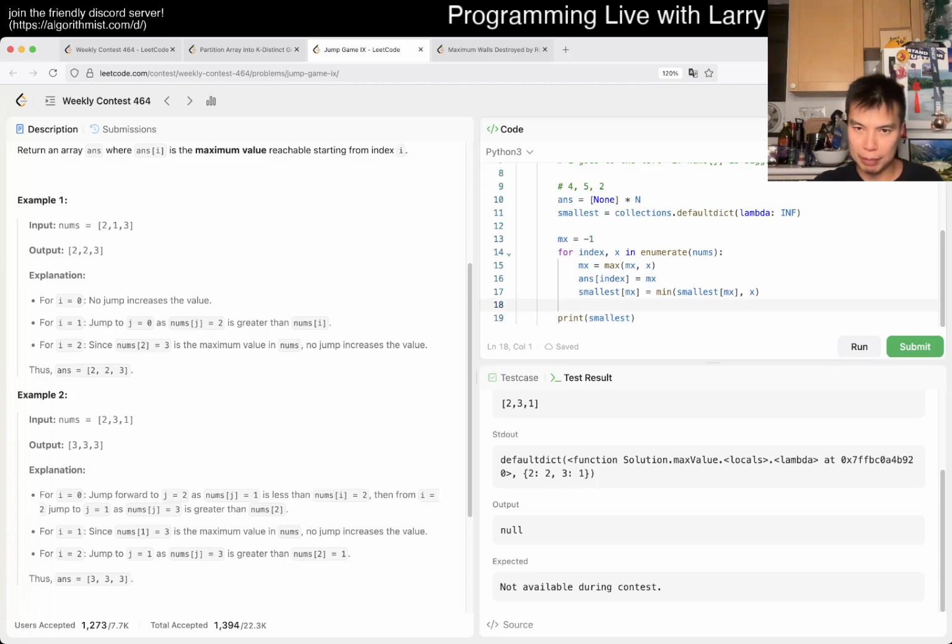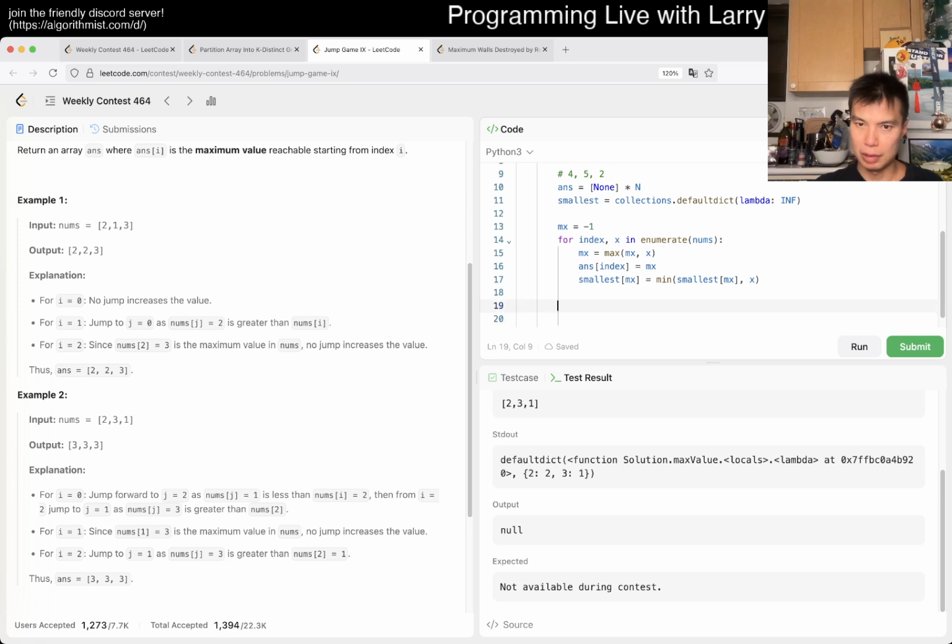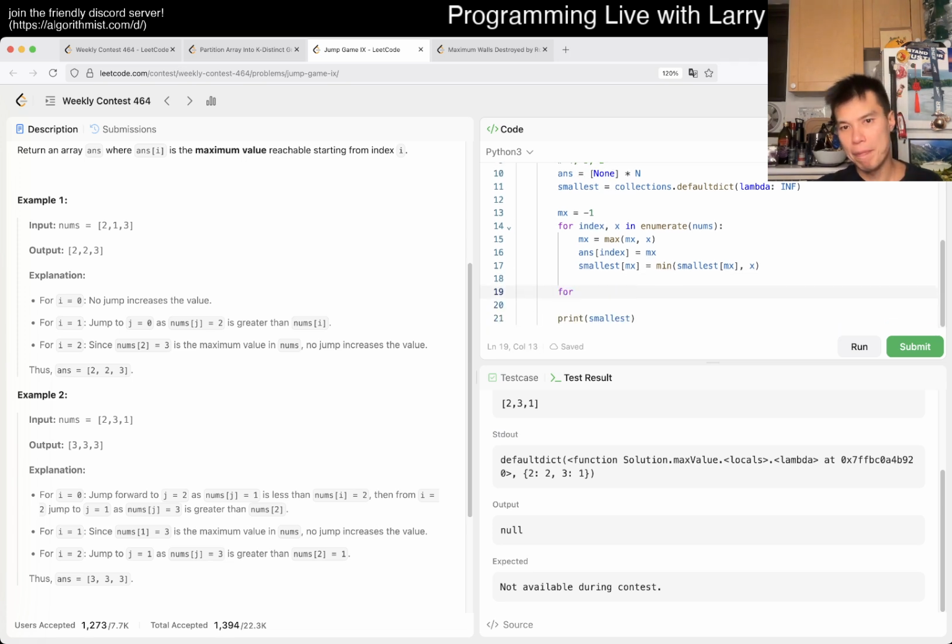So we have to do a prefix backwards, right? So maybe for key value in f.items, we want to sort by the key. Right.